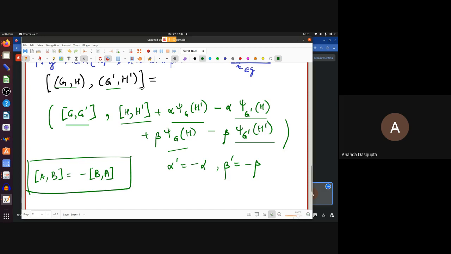Can anybody tell me what will happen if I impose this condition? Remember, when you linearly combine two pairs, each individual term becomes linearly combined.